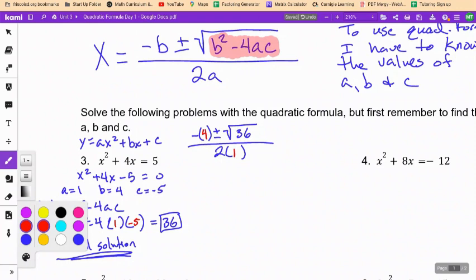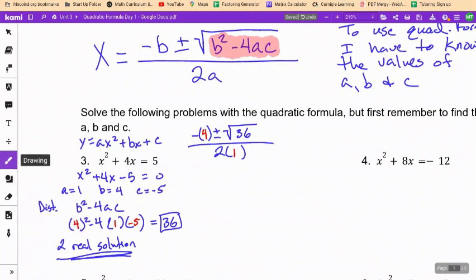I start simplifying. I have negative 4 plus or minus the square root of 36. We know the square root of 36 is 6, so now I have negative 4 plus or minus 6, all divided by 2 times 1, which is just 2.